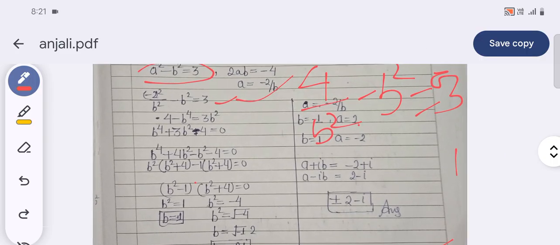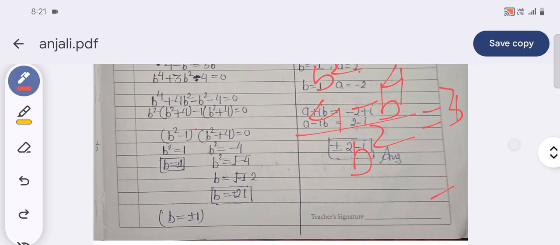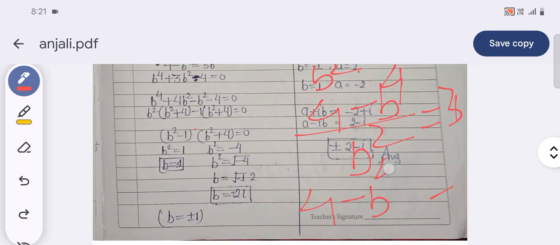Then we will take the LCM of this fraction. So this will be 4 minus b to the power 4 over b square, equal to 3. Then 4 minus b to the power 4 is equal to 3b square.